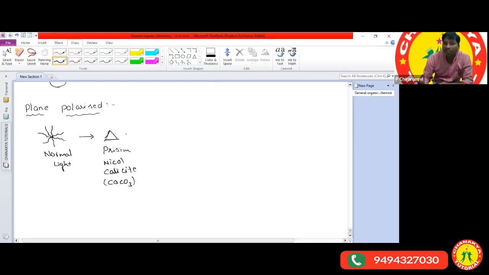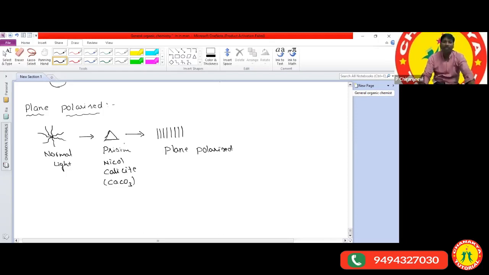The prism converts the light into a single direction. After passing through the prism, light travels only in one direction. The light which travels only in one direction is called plane polarized light.